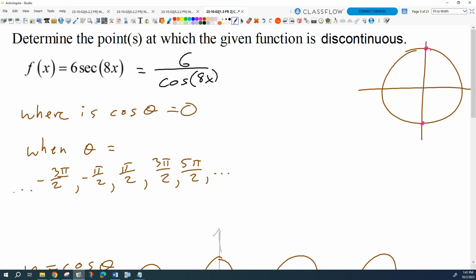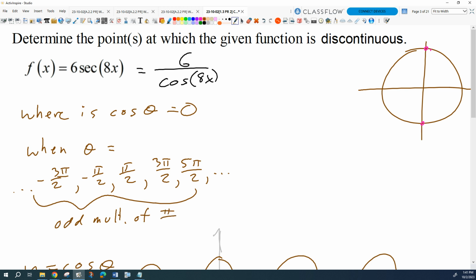Over 2. They're all odd. Aren't they? How could we describe that? Aren't those just all of the odd multiples of pi halves? Everybody agree? Okay, so now we're getting somewhere.